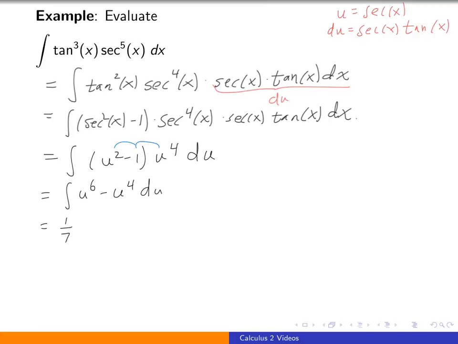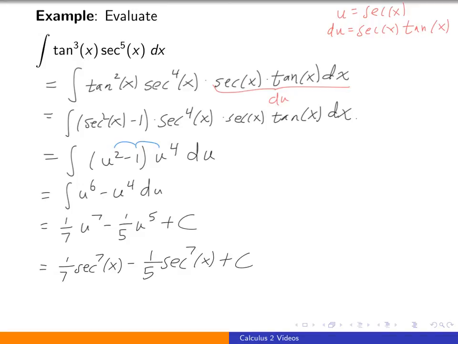So individually here, 1/7 u to the 7th minus 1/5 u to the 5th, and then we resubstitute so that each u becomes a secant. So 1/7 secant to the 7th power minus 1/5 secant to the 5th power plus c.